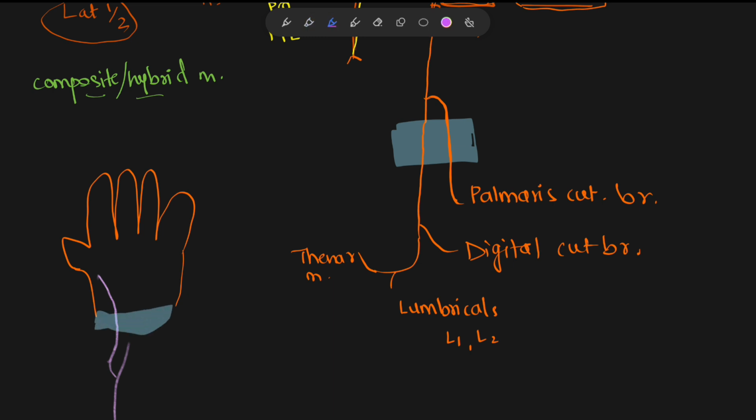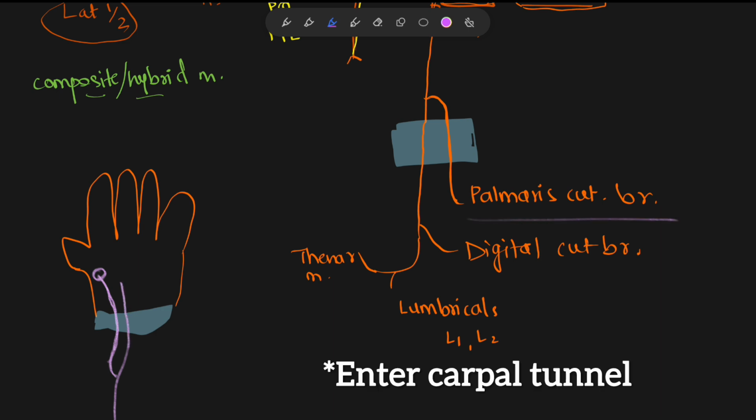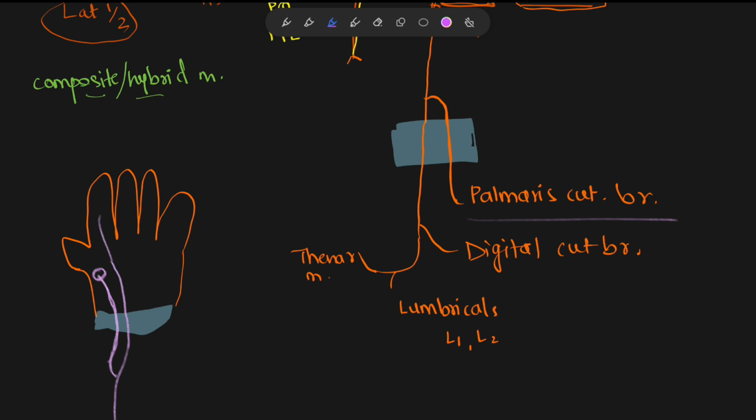Our muscles come like this, and a nerve comes like this before the retinaculum, and it will form the palmar cutaneous branch, and it will enter the flexor retinaculum, and it will give one digital branch, okay. And then the lumbricals, L1 lumbricals, L2 lumbricals, and then the thenar group.